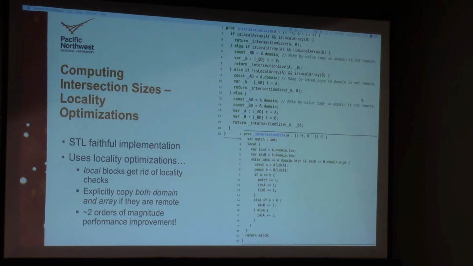I make use of some locality checks. It turns out that when you make an implicit copy of an array, the domain is shared with the original array, even if it's remote. So I make sure to make a copy of it, which has definitely sped things up.